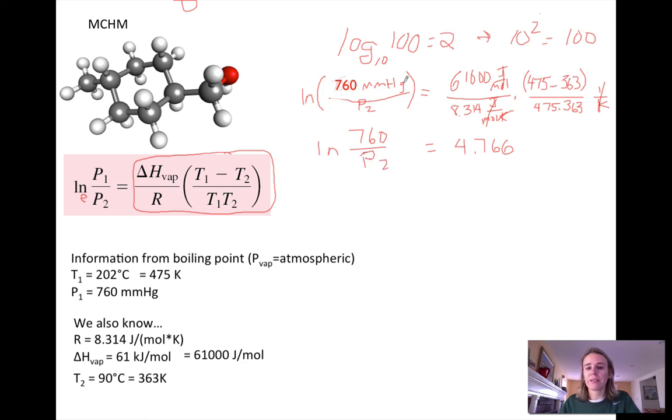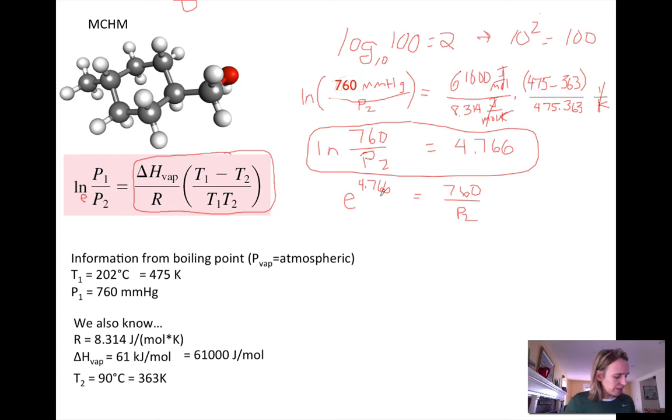Now we're going to rearrange this expression in the same way I rearranged this simple log base 10 of 100 equals 2. We're going to say that e to the 4.766 is equal to 760 over P2. And e is just a number, it's an exponential.